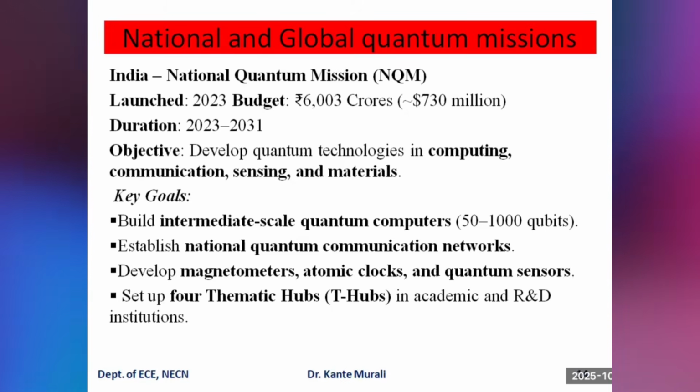The key goals are to build intermediate-scale quantum computers, communication networks, magnetometers, atomic clocks, and quantum sensors, and four T-hubs to support academic and R&D institutions and collaborate with industry to face the challenges posed by the present technology, as all of you are new to these quantum technologies. This is the initiative taken by the Indian government.